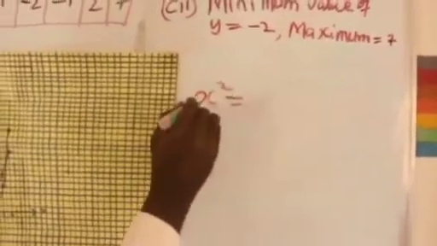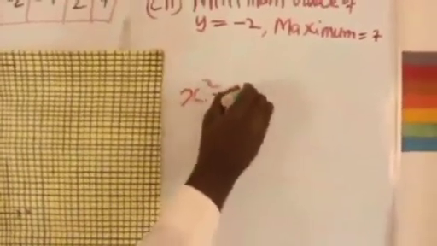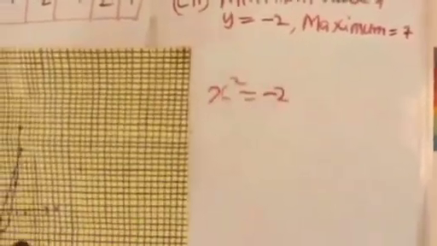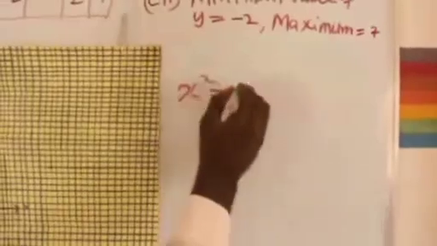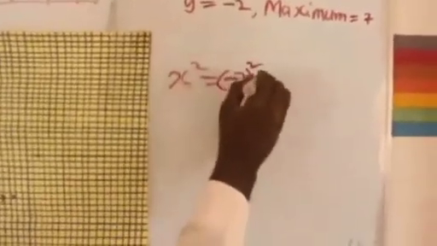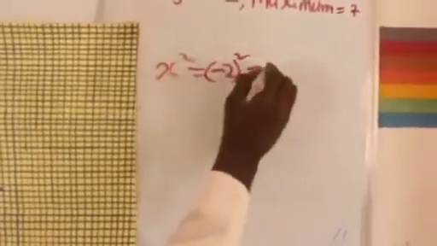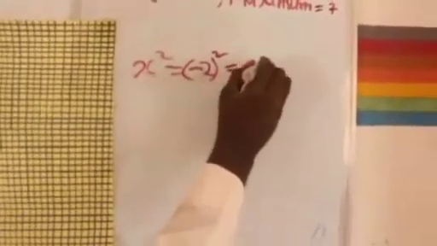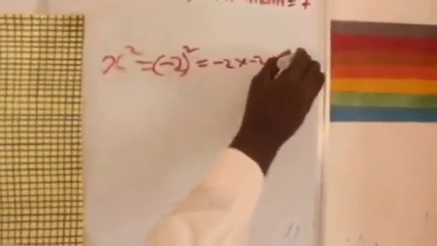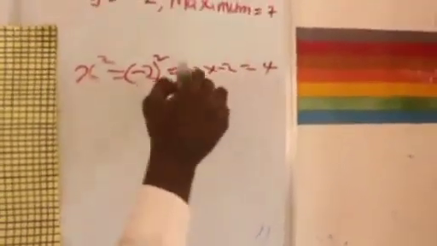In place of x, we write -2. Since our x is already squared, you square it. If you square it, it means that you multiply -2 times -2, which is what? 4. Minus times minus is plus, then 2 times 2 is 4. That is how we get this 4.